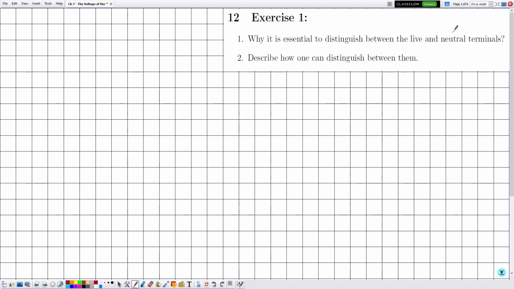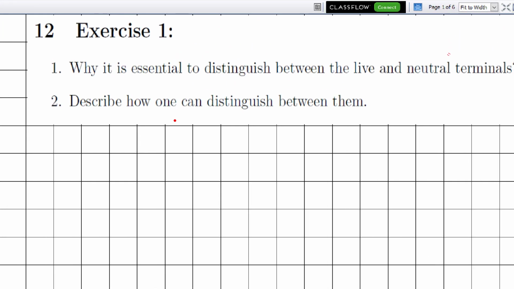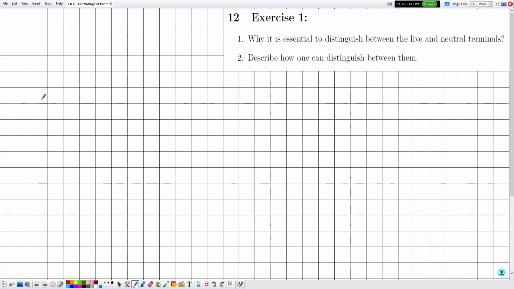Why is it essential? Here essential means important, to distinguish between the live and the neutral terminals. Because we know that the live terminal is dangerous and causes electrocution.